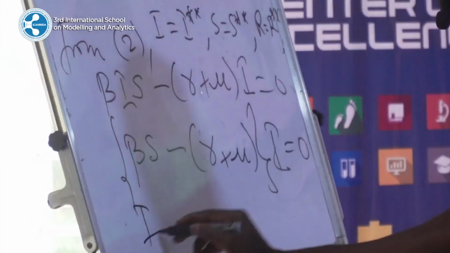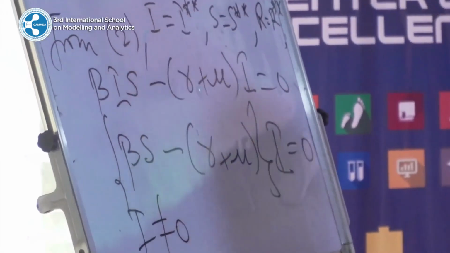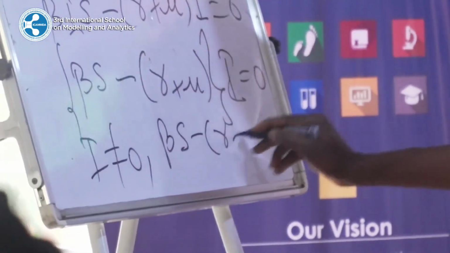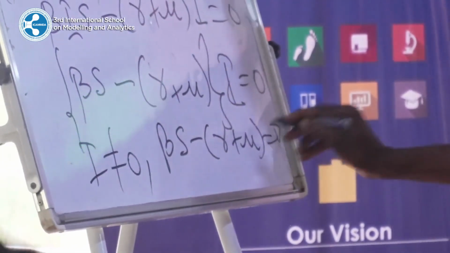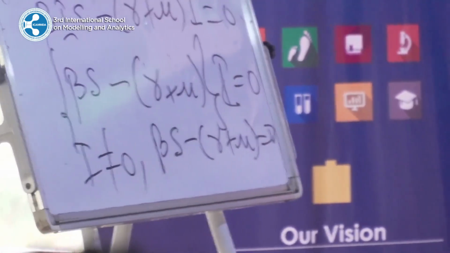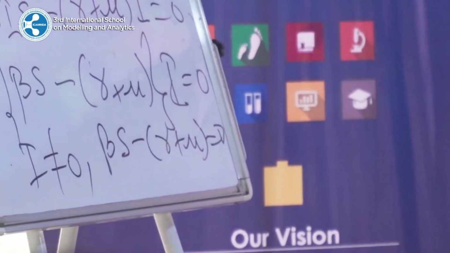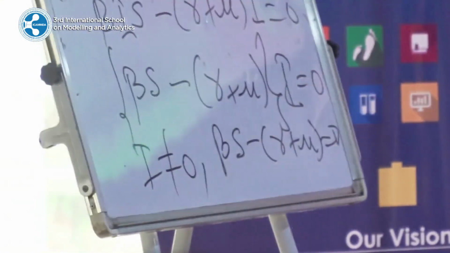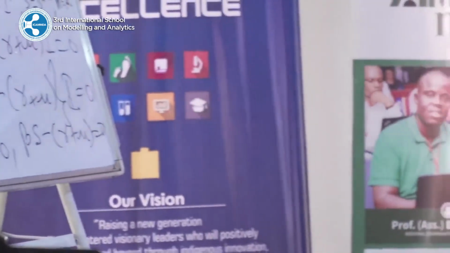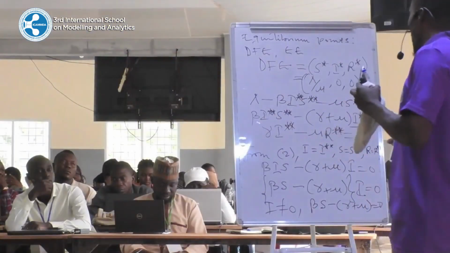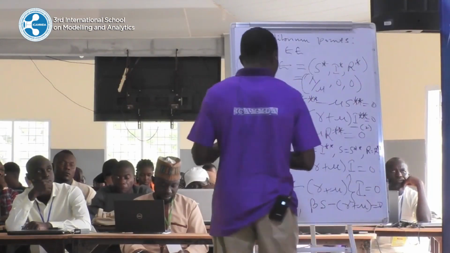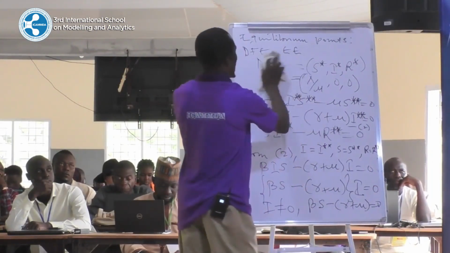It implies that since I cannot be 0, then beta S minus gamma plus mu equals 0. For the product of two terms to be 0, either of them must be 0, or both are 0. But in this case, I cannot be 0, so it implies that the other term is 0.